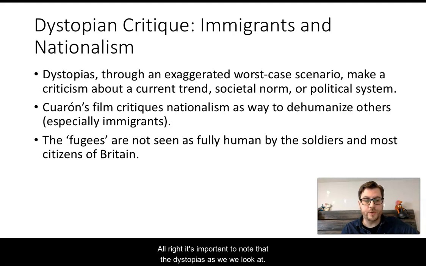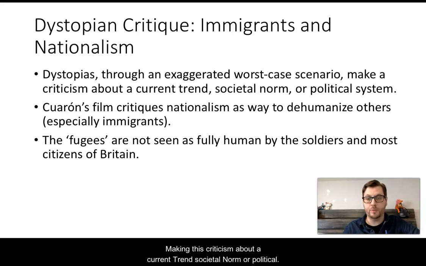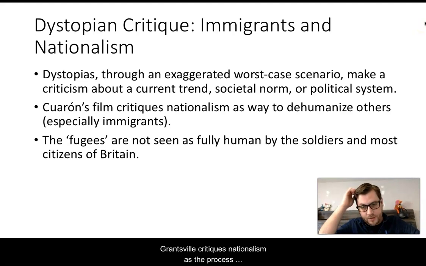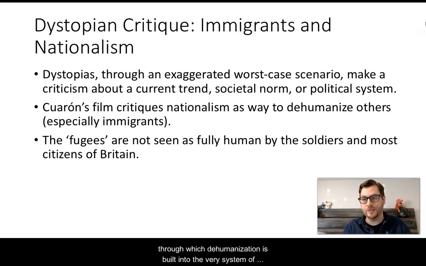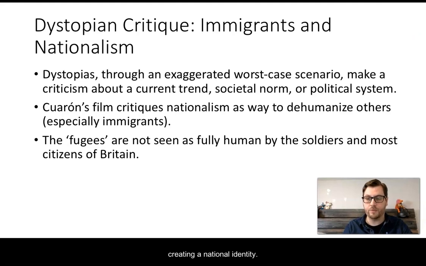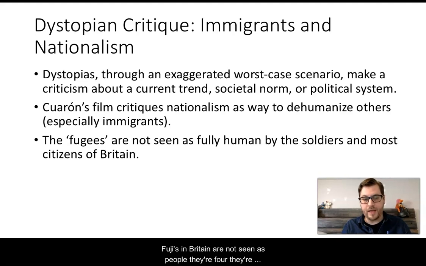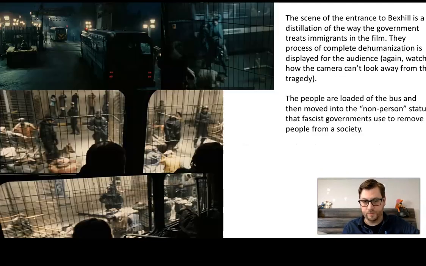It's important to note that dystopias tend to take a real-life issue and exaggerate it to the worst-case scenario, making a criticism about a current trend, societal norm, or political system. Cuarón's film critiques nationalism as the process through which dehumanization is built into the very system of creating a national identity. The Fugees in Britain are not seen as people, therefore they're not seen as having any value.